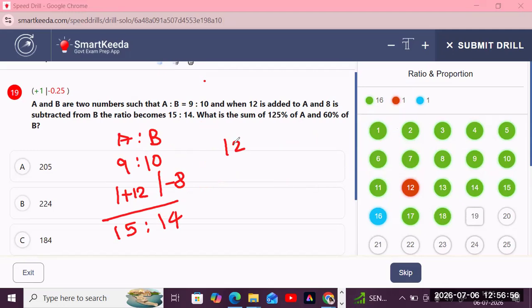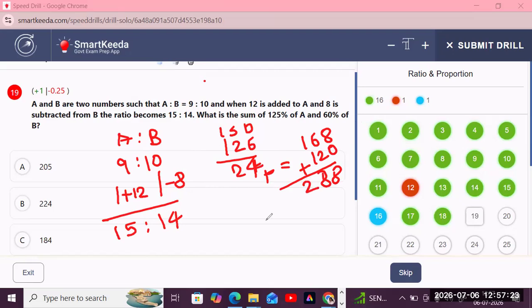So 24 parts, 20, and by 160, plus 15 into 120, which is 2.